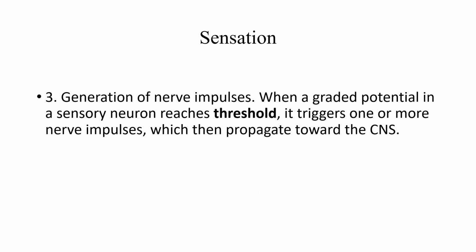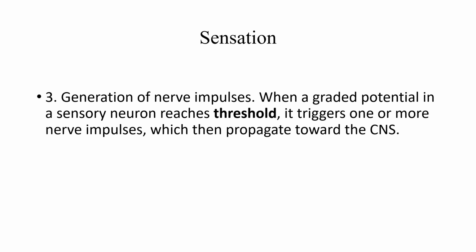Back to the process of sensation. Let's say that this sensory receptor was stimulated by a specific stimulus in its specific receptive field, and that will result in transduction that's converted into receptor potential.